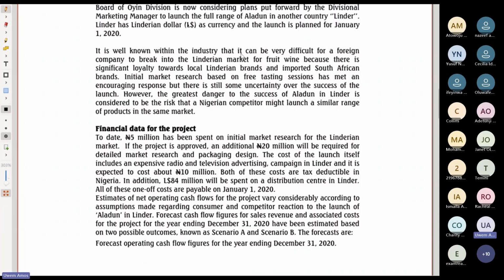Estimates of net operating cash flows for the project vary considerably according to assumptions made regarding consumer and competitor reaction to the launch of Aladun in Linda.